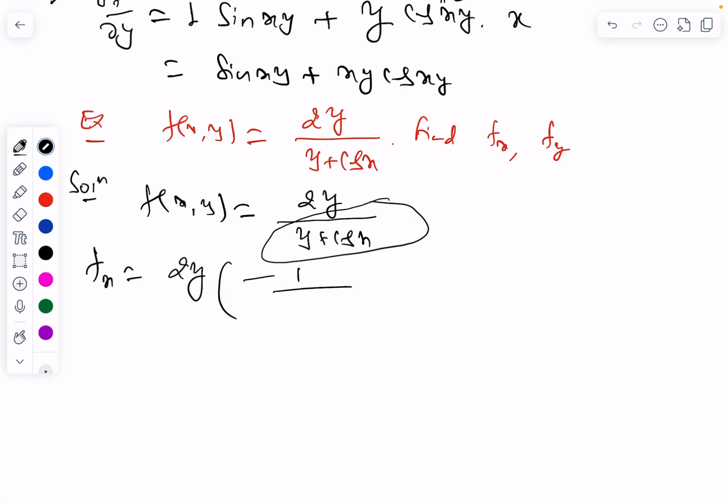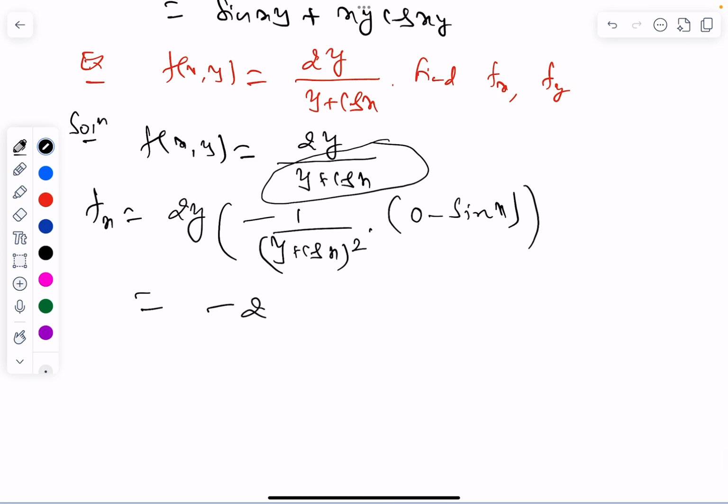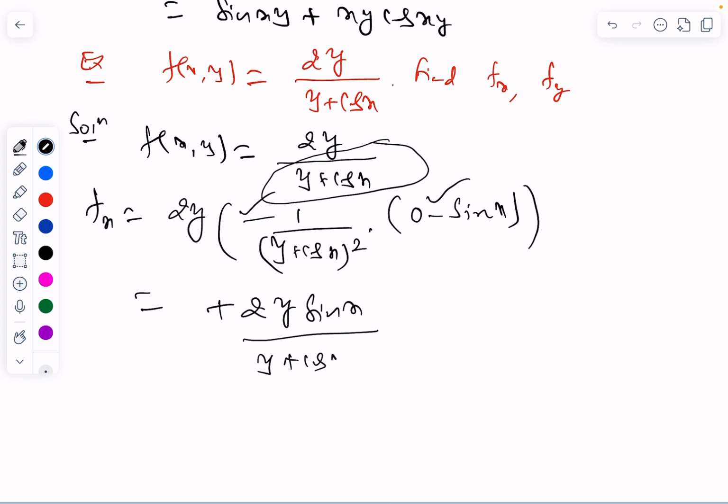So that is minus 1 over (y plus cosine x) square, and the derivative of y plus cosine x is 0 minus sine x. So this is equal to minus 2y, minus and minus plus, so that is 2y sine x over (y plus cosine x) square.